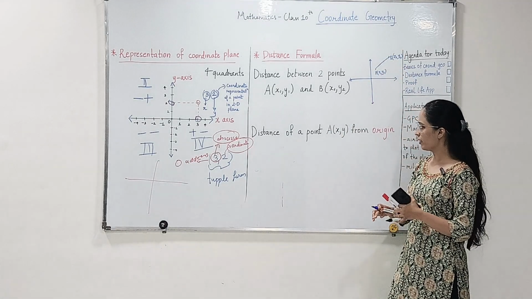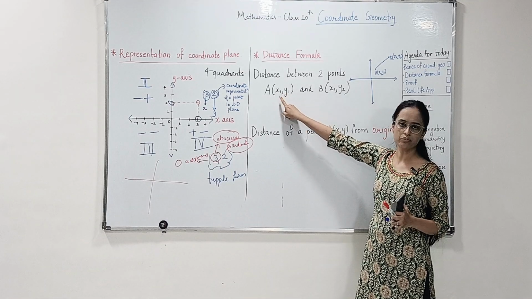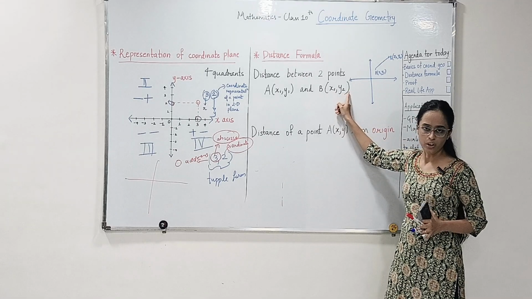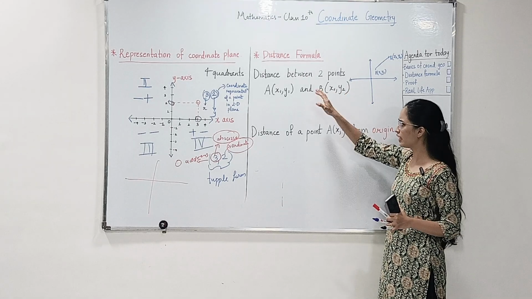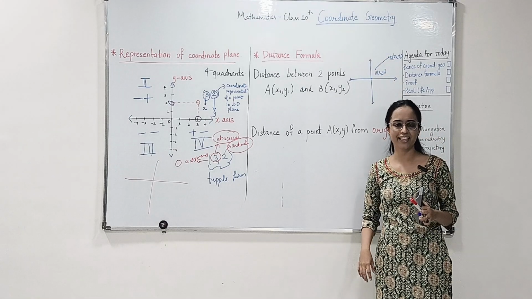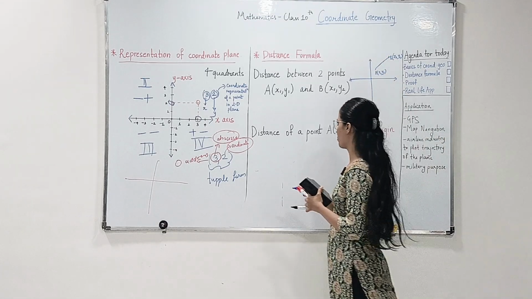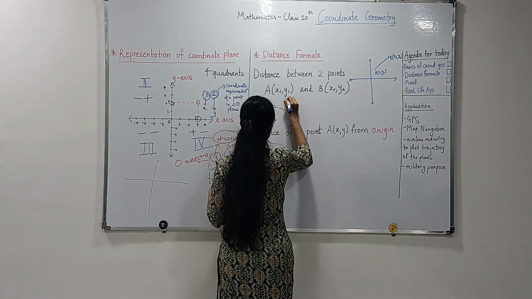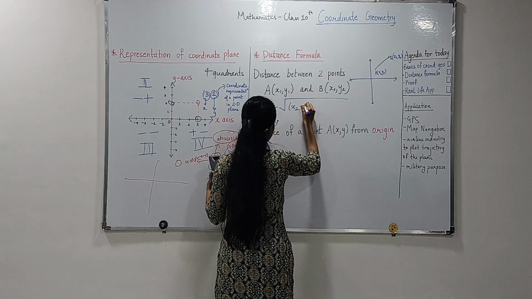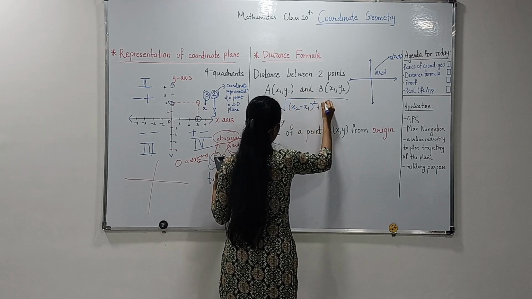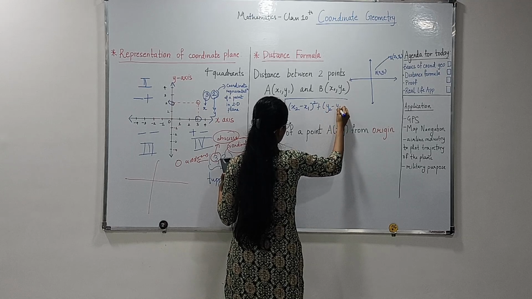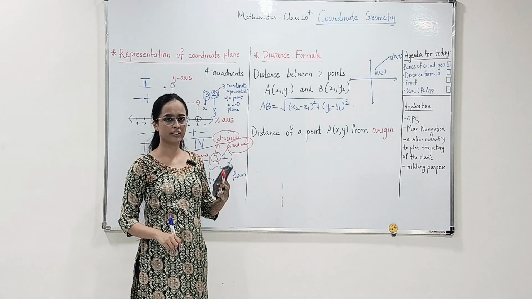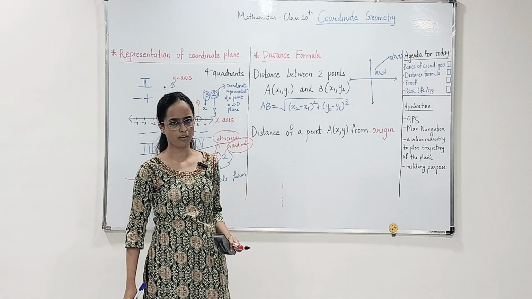The x coordinate of A is x1 and the y coordinate is y1, and that of B is x2 and y2 respectively. So the distance between these 2 points A and B is given by the formula AB equals under root of (x2 minus x1) the whole square plus (y2 minus y1) the whole square.